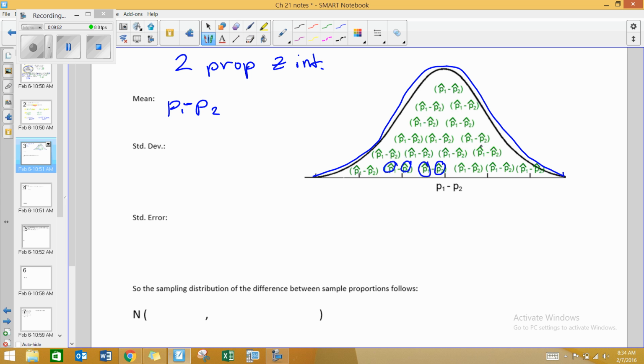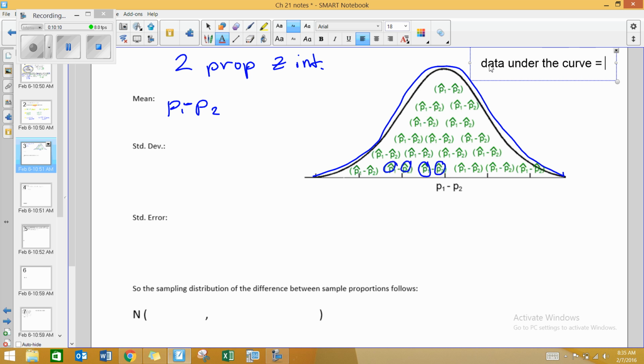Those differences are what represent the data underneath the curve. So that's the only difference. We're looking at differences.